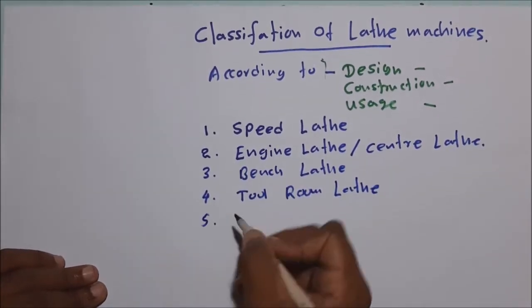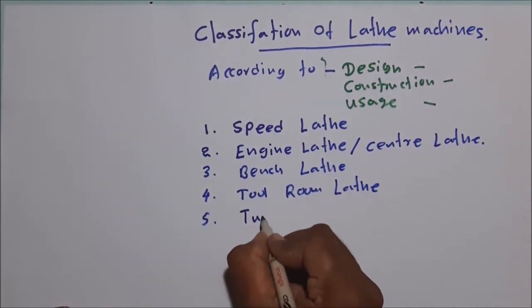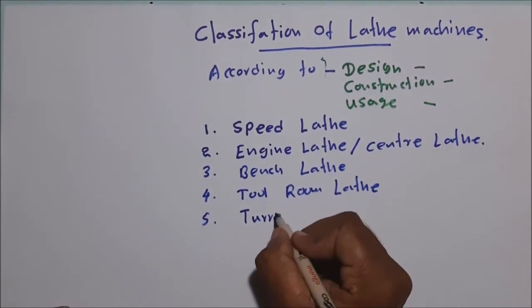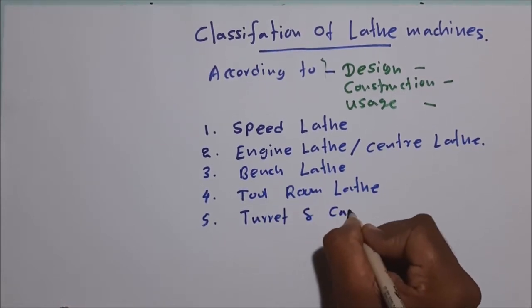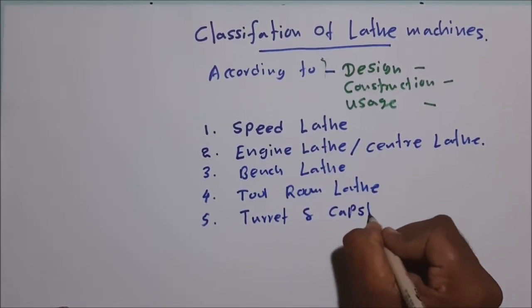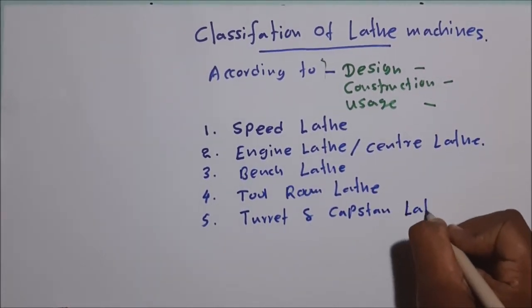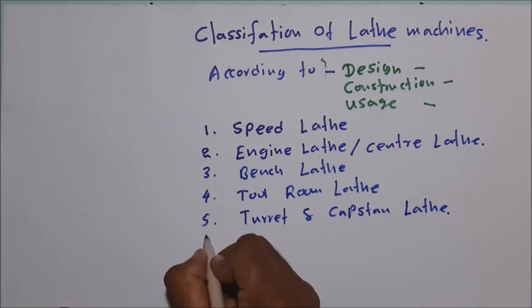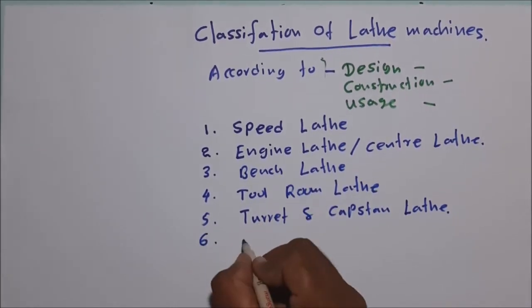Then the fifth one, turret and capstan lathe. Then the sixth one, automatic lathe.